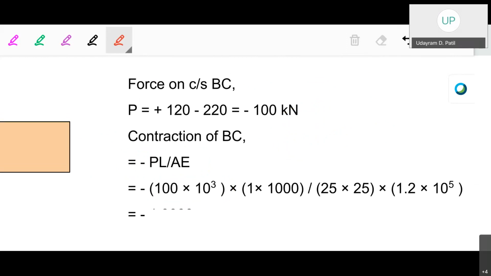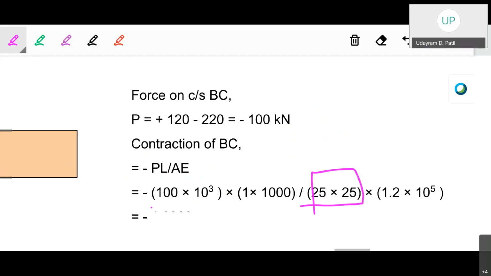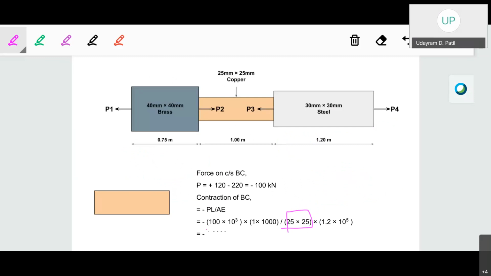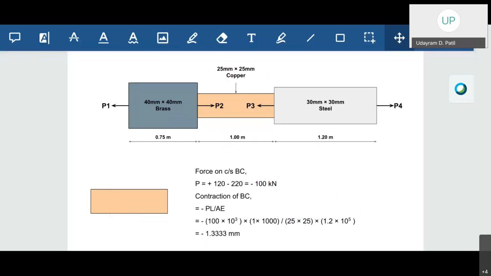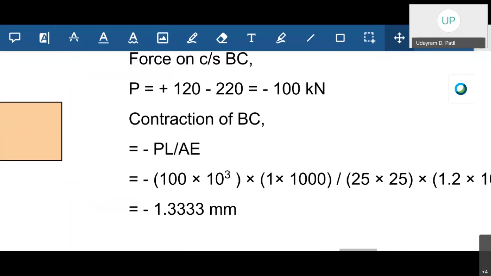Okay, so putting in the particular values: the value of P will be 100 multiplied by 10 raised to 3 Newton, the value of L is 1 meter, the area is 25 by 25 mm, and the Young's modulus is 1.2 multiplied by 10 raised to 5 MPa. Putting these values in will give us the contraction of the BC, or the change in length of the BC.